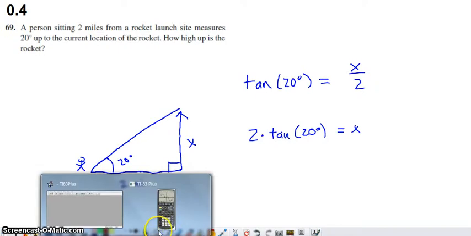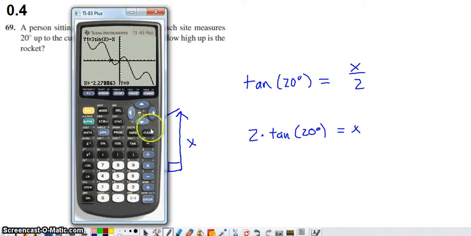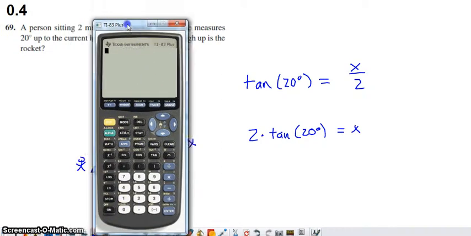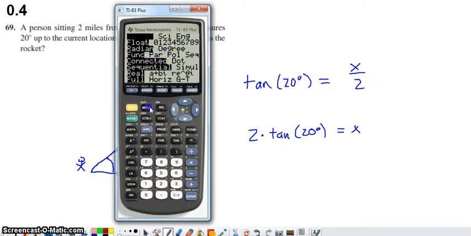Now when you take out the calculator, you're going to have to be really careful of this. A lot of you are going to be taking calculus and physics concurrently this year. If you use the same calculator in both classes, you're going to have to be very, very cognizant of what mode your calculator is measuring angles in. If you go to the mode screen, in calculus 99% of the time we want radians to be how we measure angles, but this one problem has the angle measured in degrees.